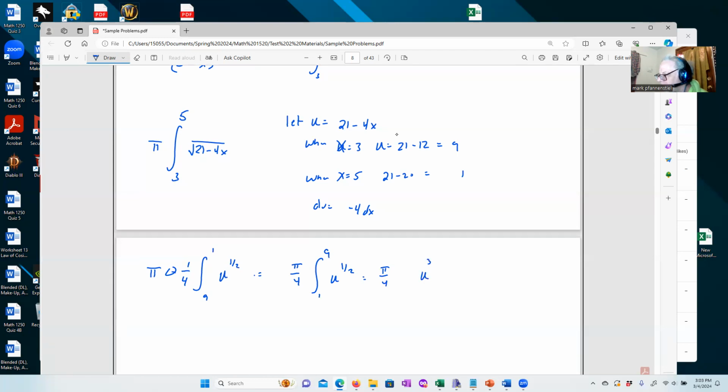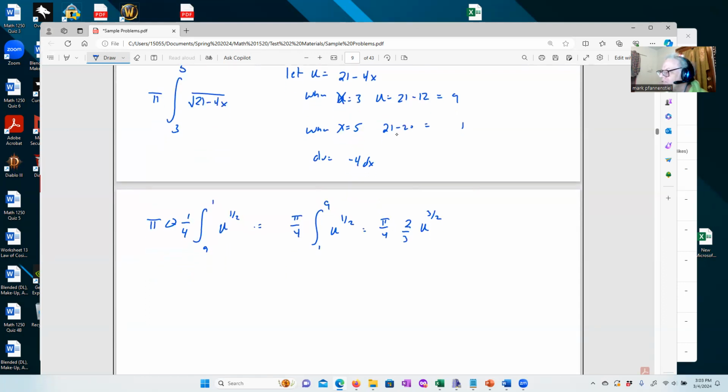This is going to be u to the 3/2 times 2/3. There's more stuff that cancels, so we end up with pi over 6 times u to the 3/2 power, going from 1 to 9. That's not going to be too bad. So we just have pi over 6, 9 root 9, that's 9 to the 3/2, minus 1 root 1, and root 9 is just 3.